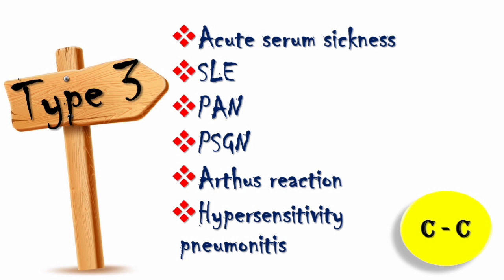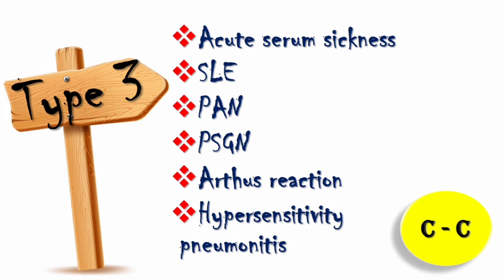Here the examples are mainly serum sickness and serum sickness like reaction, which are atypical without circulating immune complex involvement. Serum sickness like reaction and Arthus reaction are the most important. Next comes SLE and hypersensitivity pneumonitis.